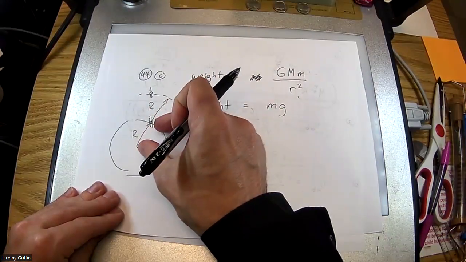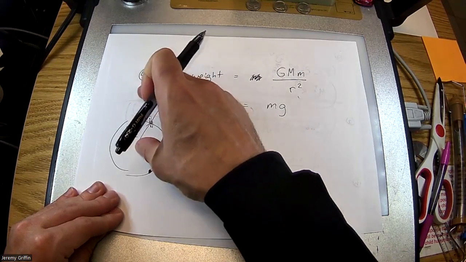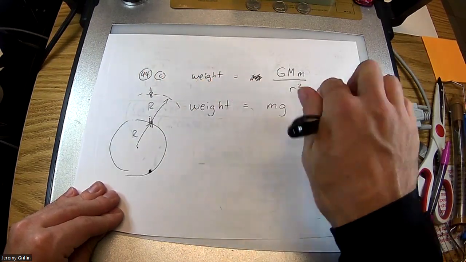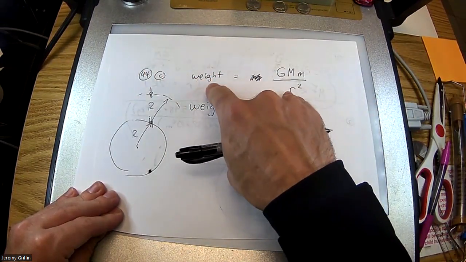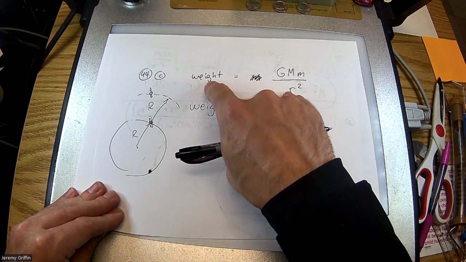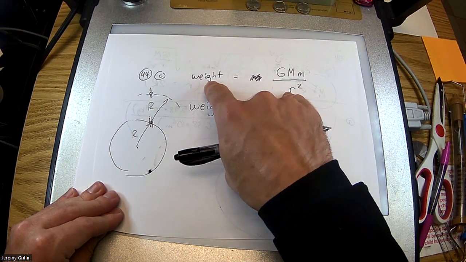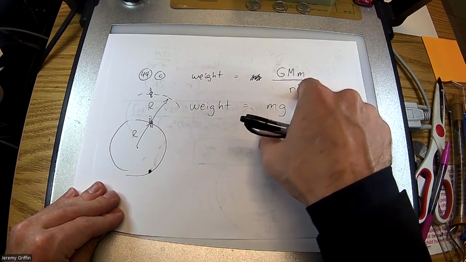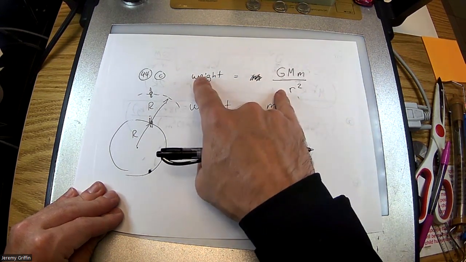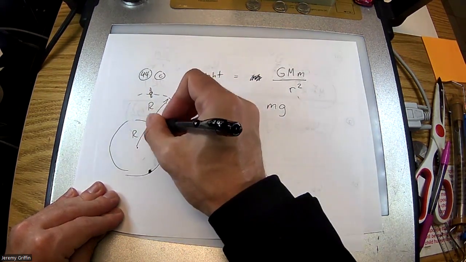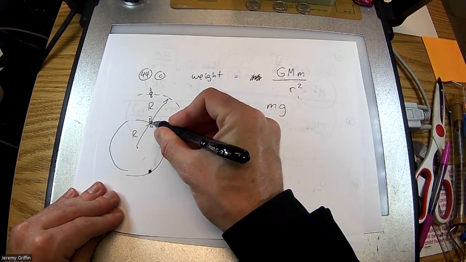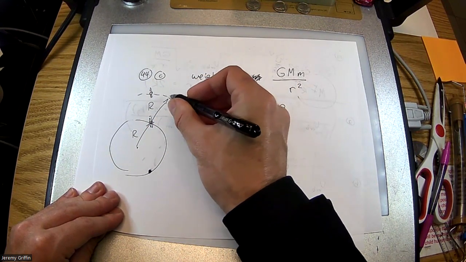And up here in orbit, it's effectively twice as far away, which means that it's going to have what proportion of its original weight? 1/4, right? Because factor 2 here, 2 squared is 4, it's 1 over that, 1/4. So if it has a weight of 6,000 newtons down here, it should be 1/4 of that up here.